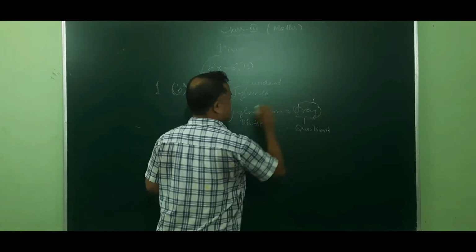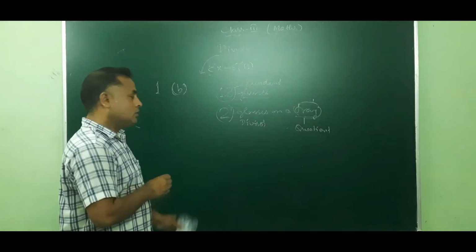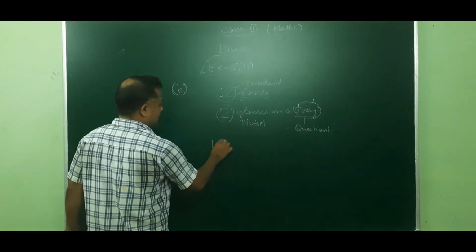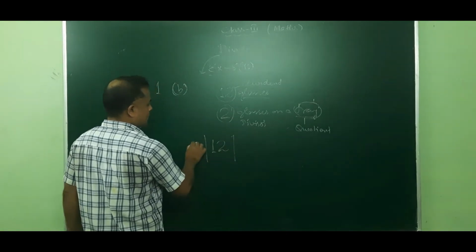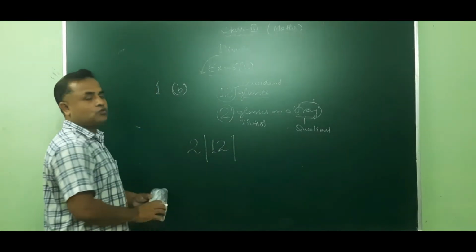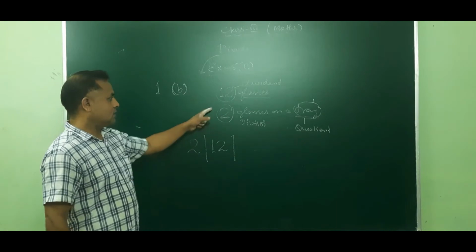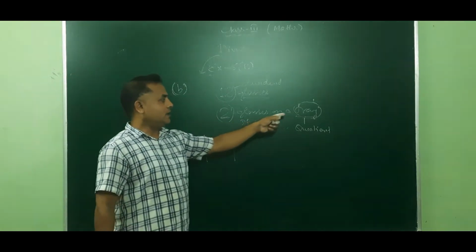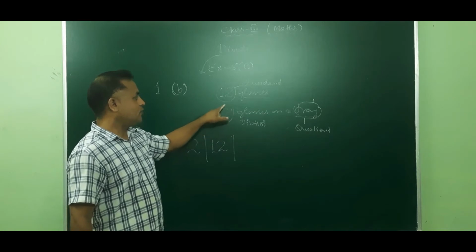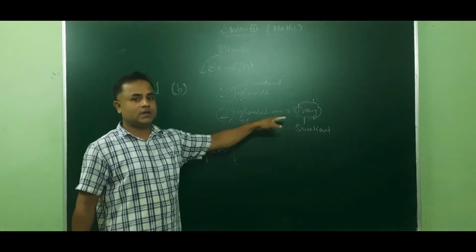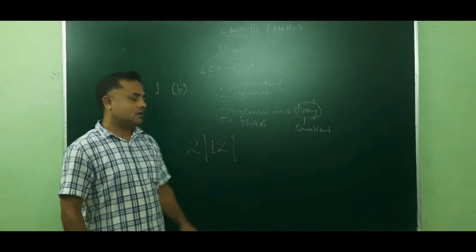This one will be the answer. So this total of 12 glasses, I will divide with 2 glasses. That means on each tray I will put 2 glasses. If I put 2 glasses, how many trays do I require?